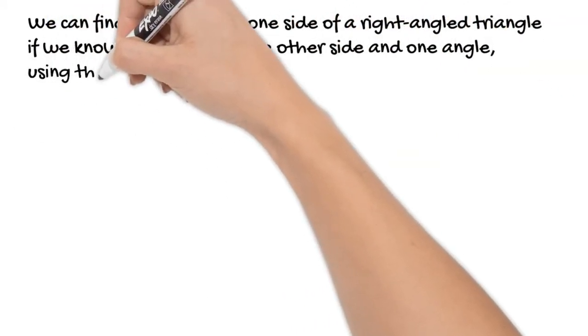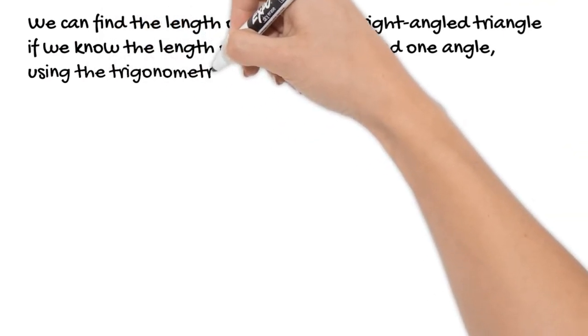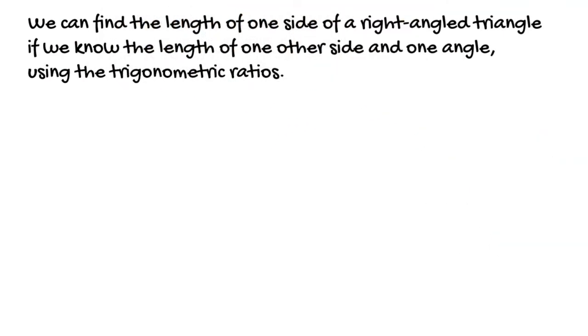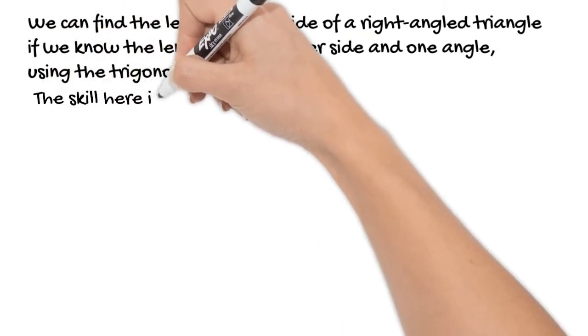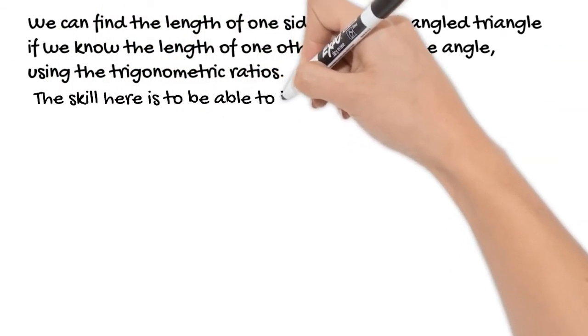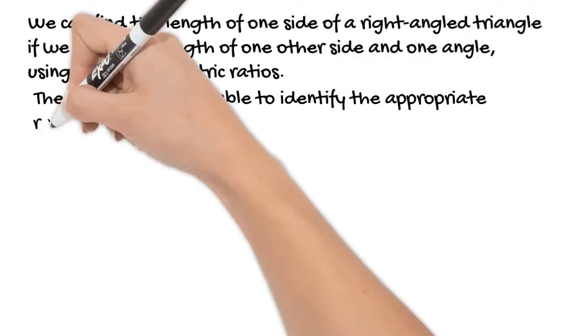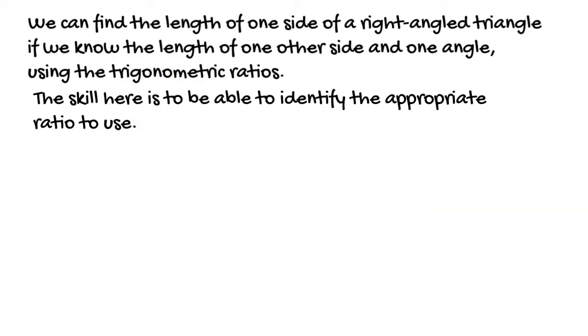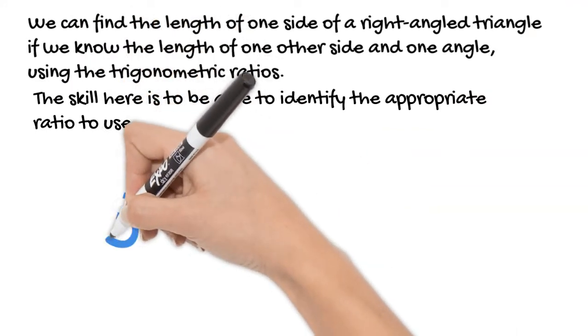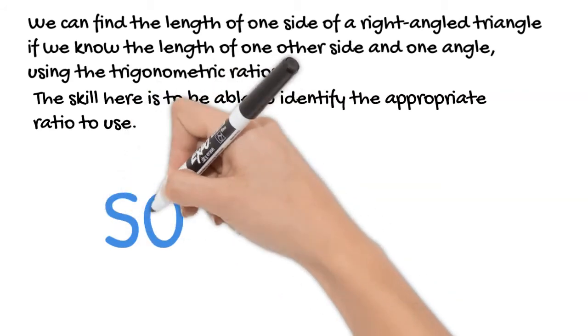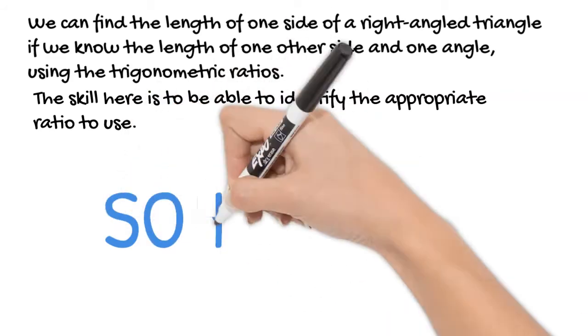Remember, we have our three trig ratios. So it's important to be able to identify which ratio you're going to use for the particular triangle that you've got. A really handy little mnemonic that you can use to remember that is SOHCAHTOA, which reminds us that for sine, we're looking at the opposite and the hypotenuse.